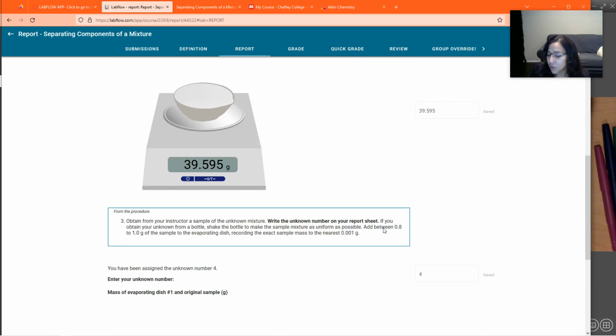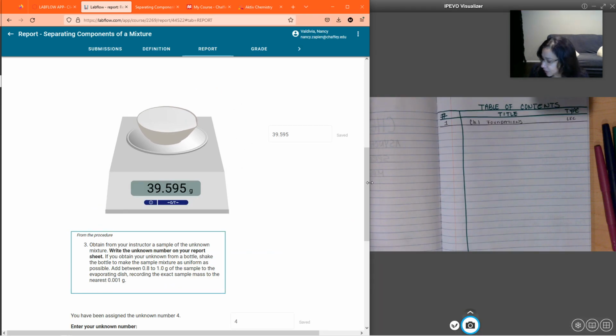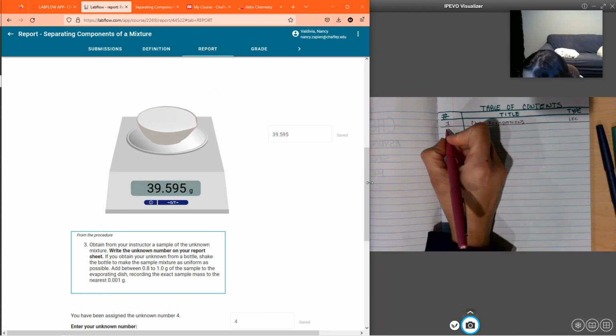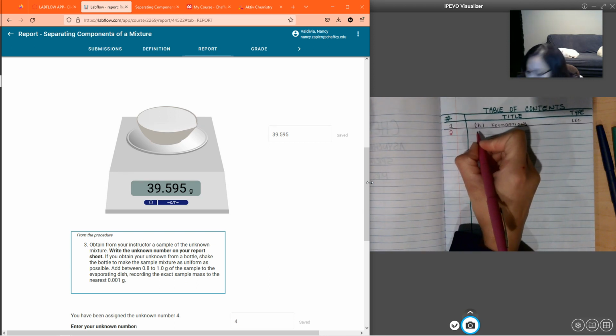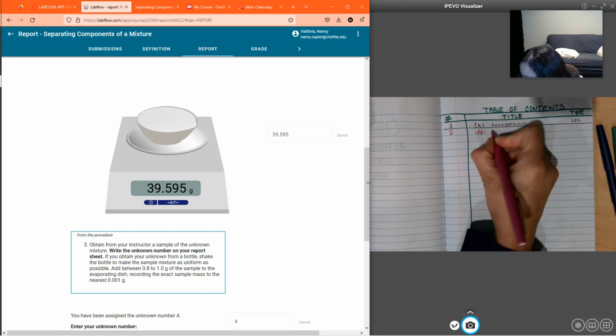Now, one thing you might want to do is on your note sheet, right? So here I'm going to go assignment number 2, and this one I'm going to call lab 1, separating mixtures.